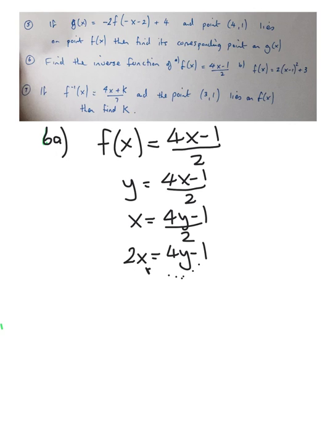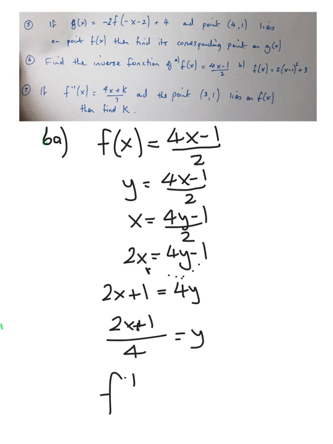We'll take the 1 over, so we get 2x plus 1 equals 4y. Divide by the 4, and we get (2x plus 1) over 4, sorry it looks so messy, equals y. And therefore the inverse function f^-1 of x equals (2x plus 1) all over 4.